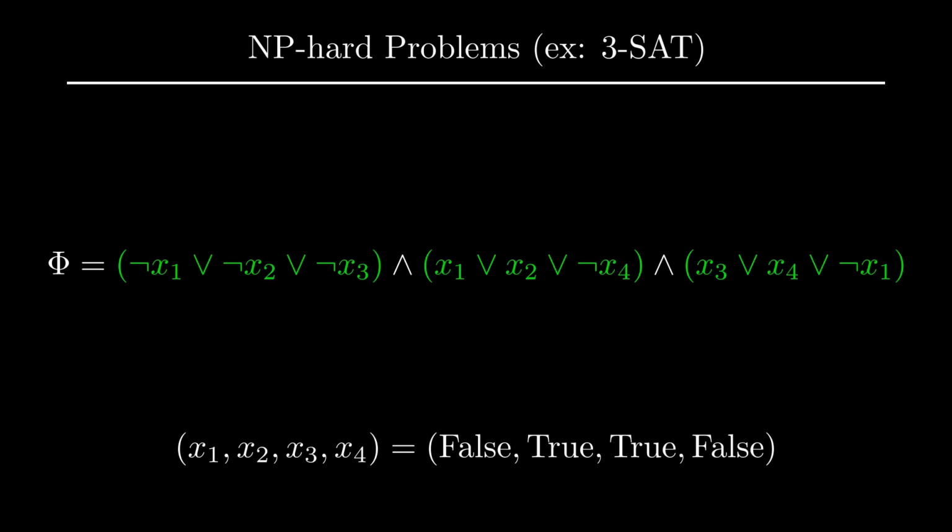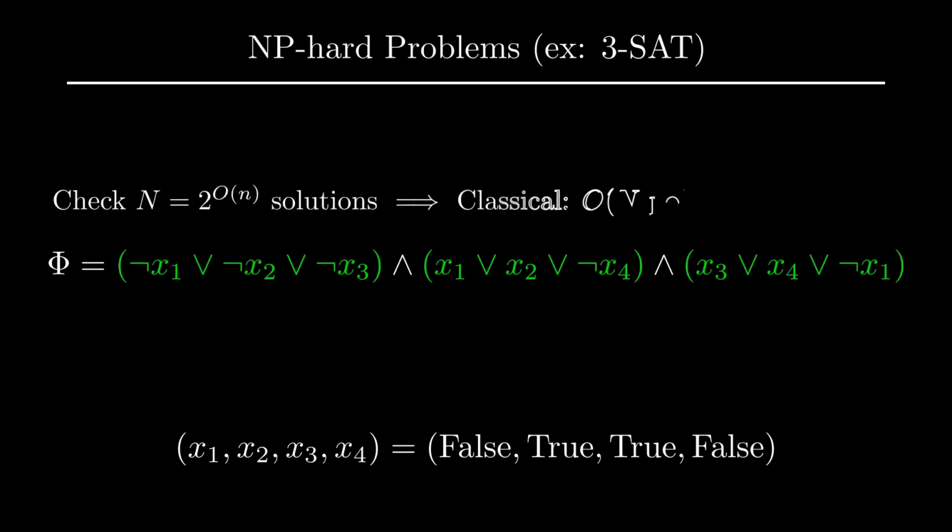Since we can check solutions in polynomial time, in other words, polylog big N time, this classically gives us a naive runtime that looks like O tilde of N. Note that here we can use this O tilde notation to mean that the asymptotic relation holds up to polylogarithmic factors in N. This is just a useful technique to make the notation a little bit simpler.